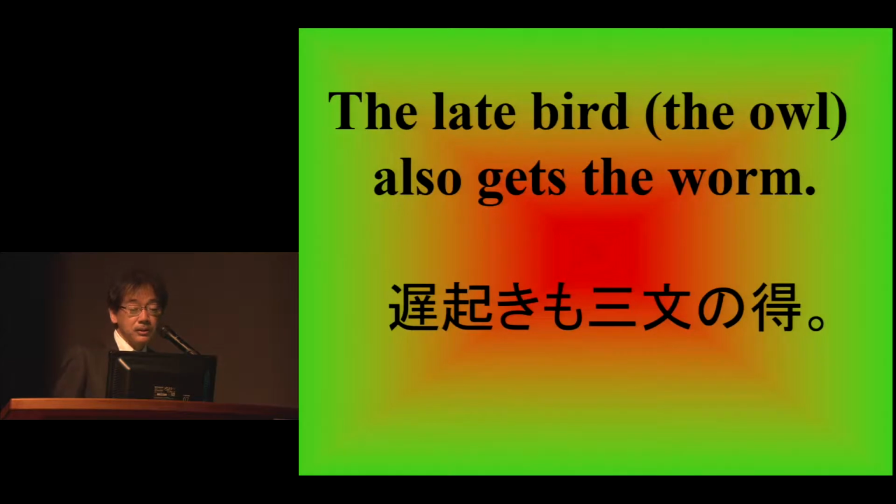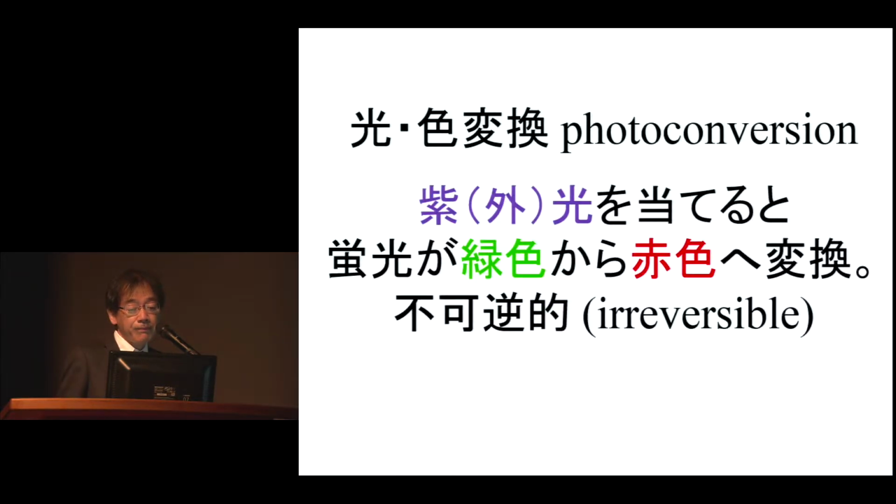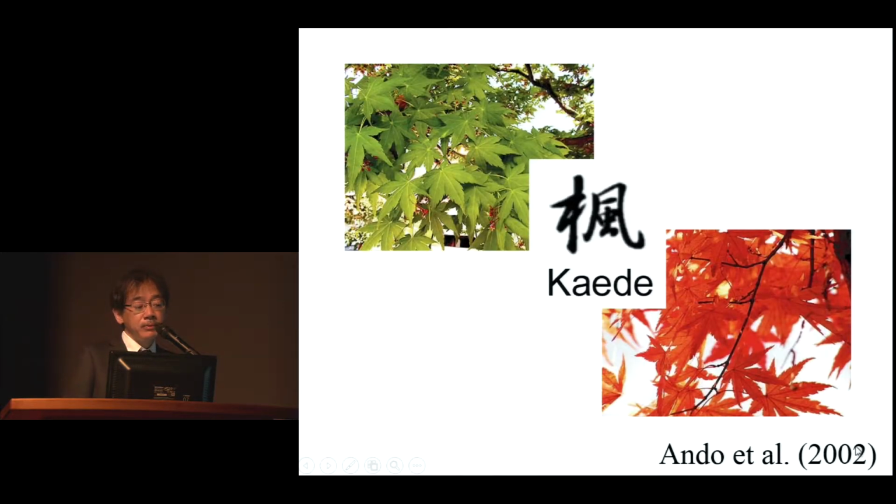Okay? So this is a serendipitous finding. And this is photoconversion. Originally the protein emits green fluorescence, but after irradiation with violet light or ultraviolet light, it becomes red irreversibly. And we named the protein kaede, maple leaf in Japanese.